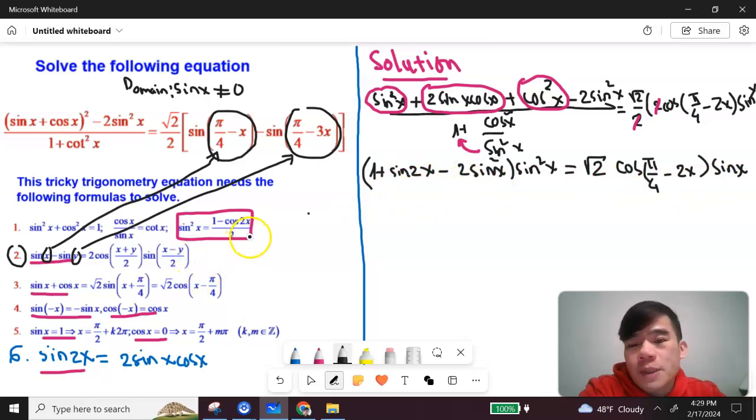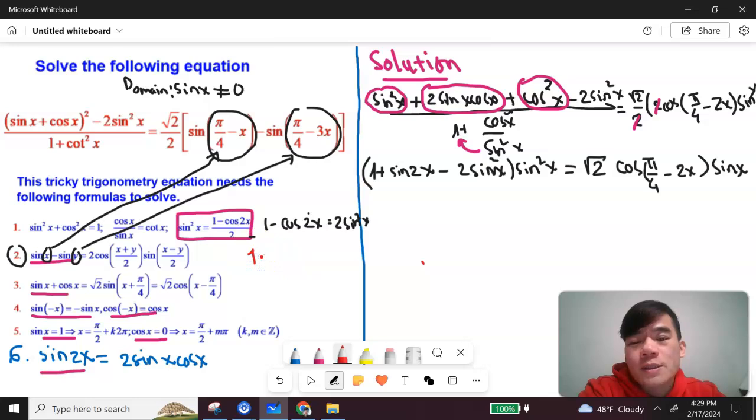Alright, let's take a look at this one right here. We use this formula and apply it to 1 minus 2 sine square s. Now in this formula I multiply both sides by 2, so it turns out to be 1 minus cosine 2s equals 2 sine square of s. And then I subtract 2 sine square of s from both sides and add cosine square to both sides.